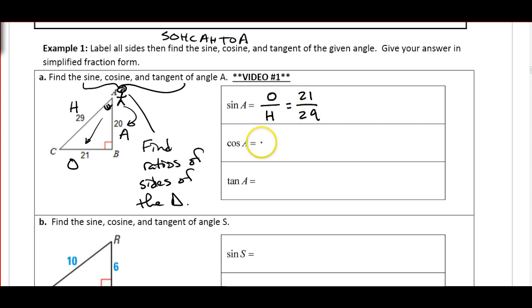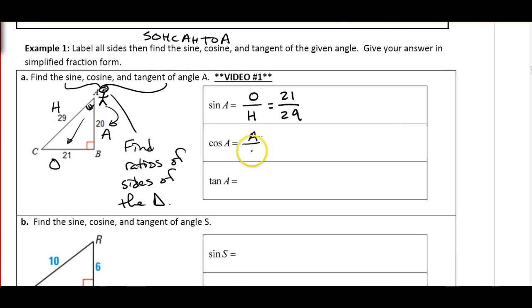The cosine is adjacent over hypotenuse. My adjacent side, if I'm standing at angle A, is 20. My hypotenuse is still 29, so the cosine ratio is just 20 over 29.